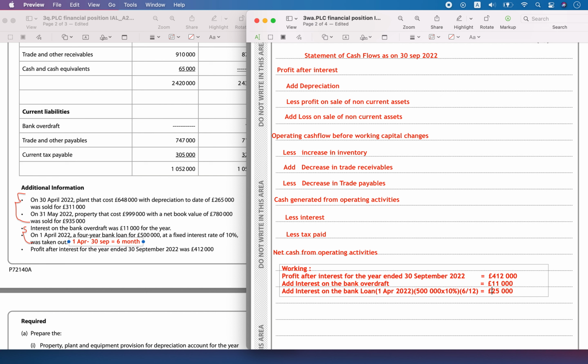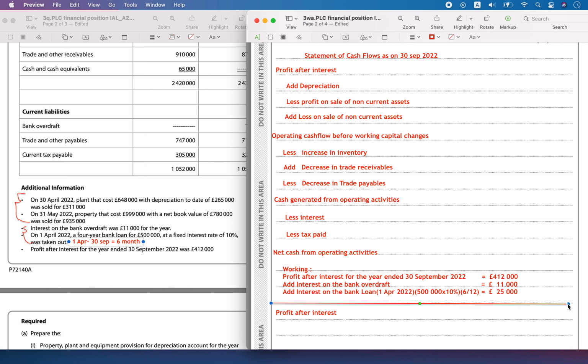Now we have to add up all these values. Let's add this profit after the interest. Because these transactions had not been accounted for, you have realized that these things have happened.